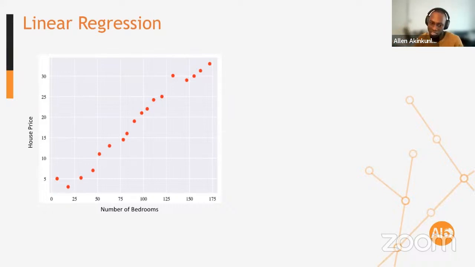What's the value of your house? This. Obviously, it's not only the number of bedrooms we ask. We could ask for multiple features to help us, because the more features we have, typically the better, right? So all of these points are different. Each point is a house, and it has a number of bedrooms and a house price, right?